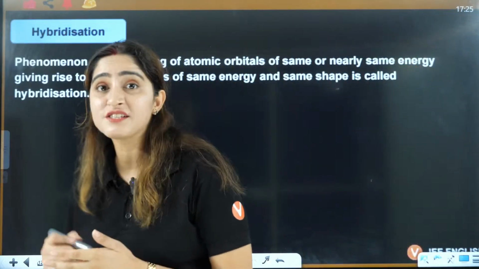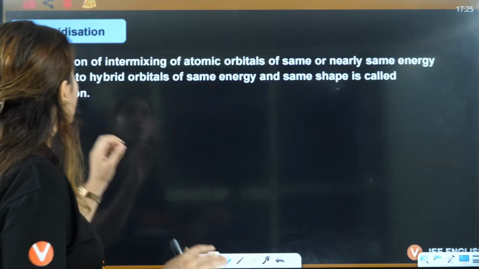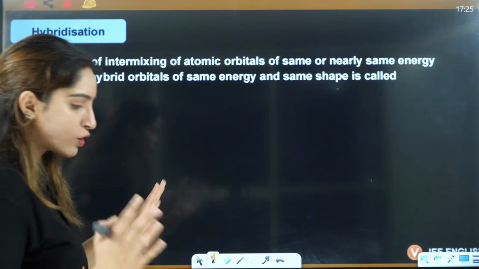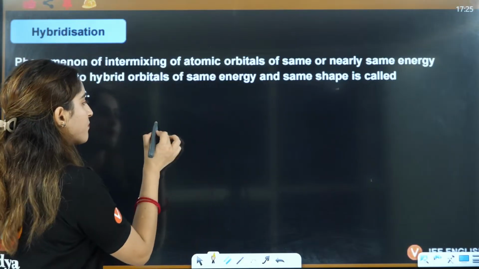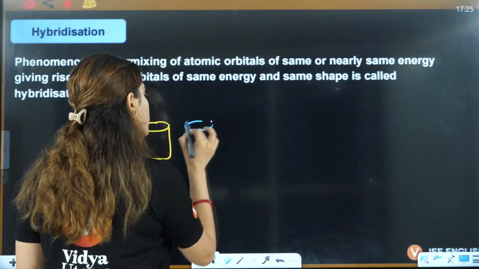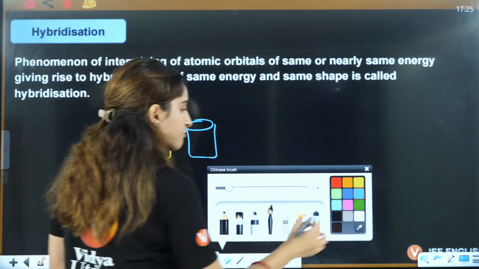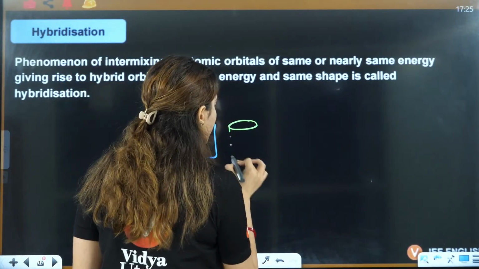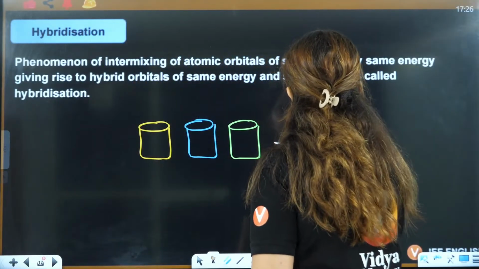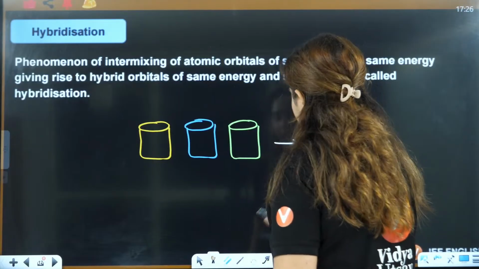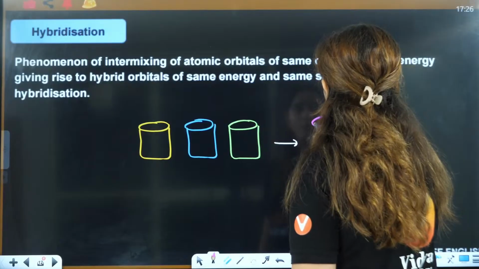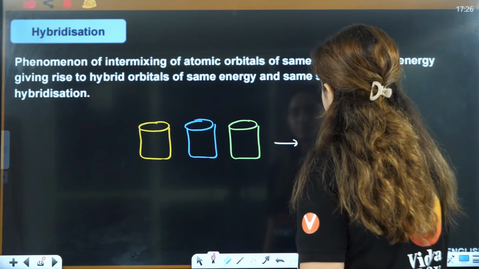Hybridization is the phenomenon of intermixing of atomic orbitals. For example, you have a yellow color bucket, a blue color bucket, and a green color bucket. You mix them together, and after mixing, let's say pink color is formed.